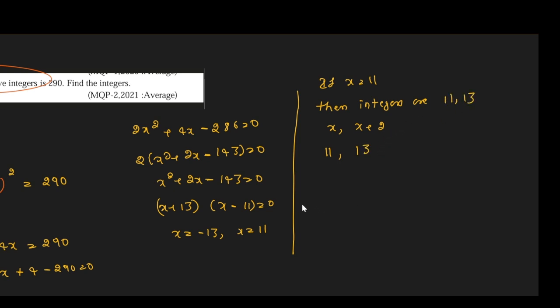In the same way, if x is equal to minus 13, then integers are x comma x plus 2. So minus 13 plus 2, that is minus 11. But they are asking only positive integers.